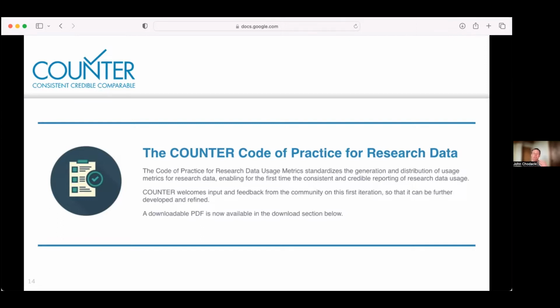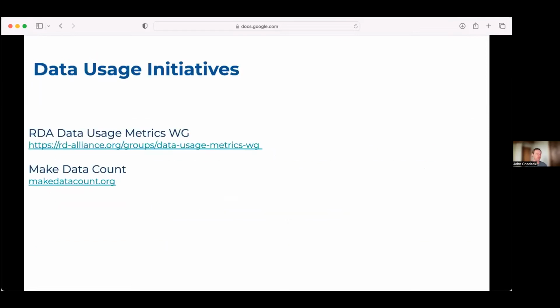Because we know that currently it's very much done on a one-by-one basis, and we want to have a system where people can start to audit the usage information that's out in these different locations. There are definitely data usage initiatives out there. I'm talking a lot about Make Data Count, but also an RDA usage group that we've been working with to build a consensus around how data downloads, views, and other usage can be tracked and normalized for really auditable information.